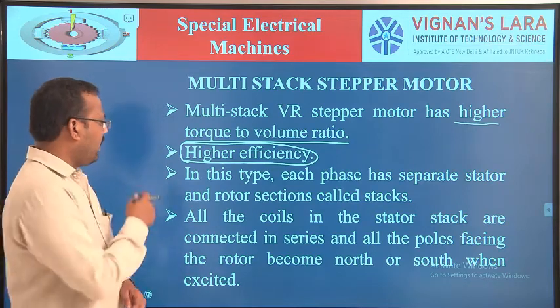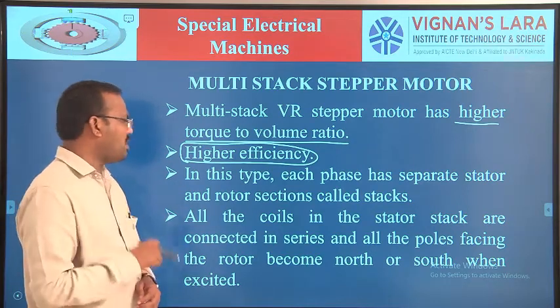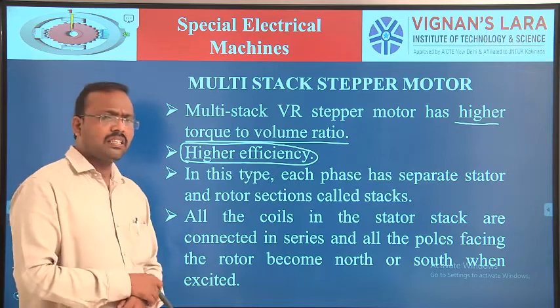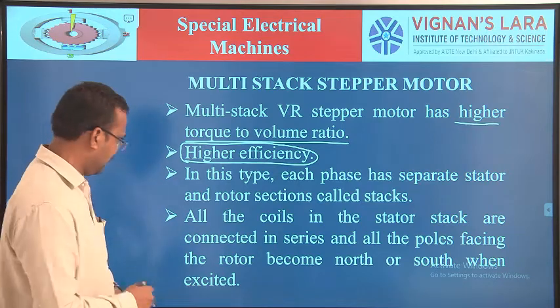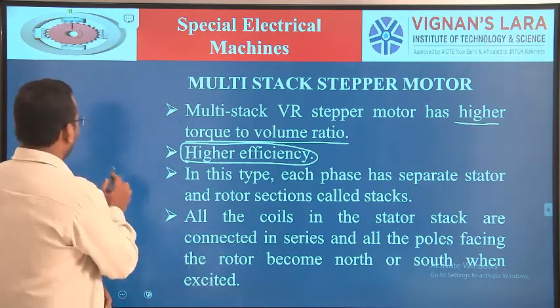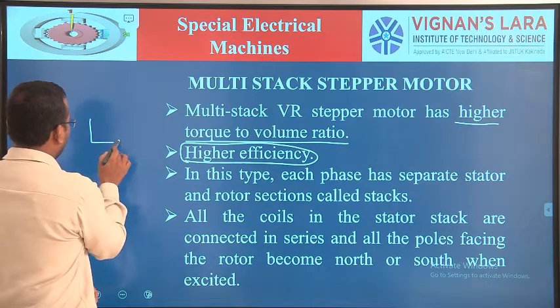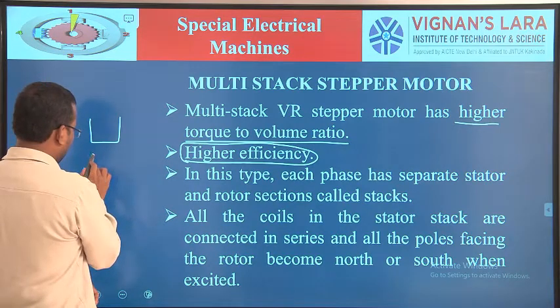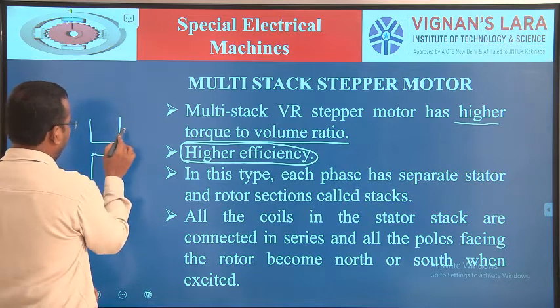In this type, each phase has a separate stator and rotor section, called a stack. This means this is one rotor and stator stack.